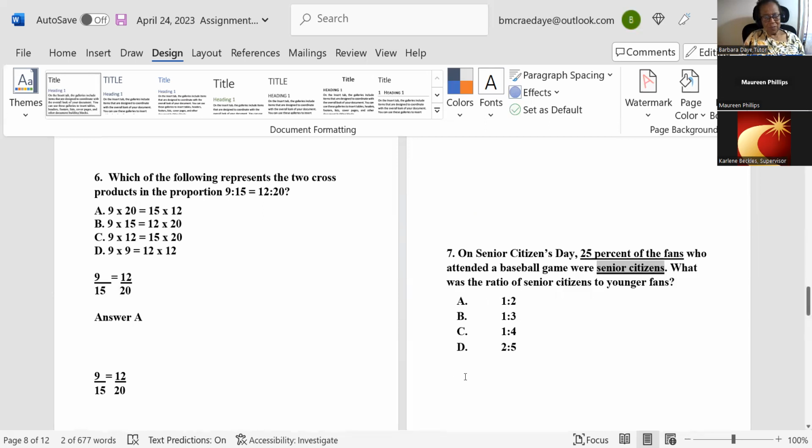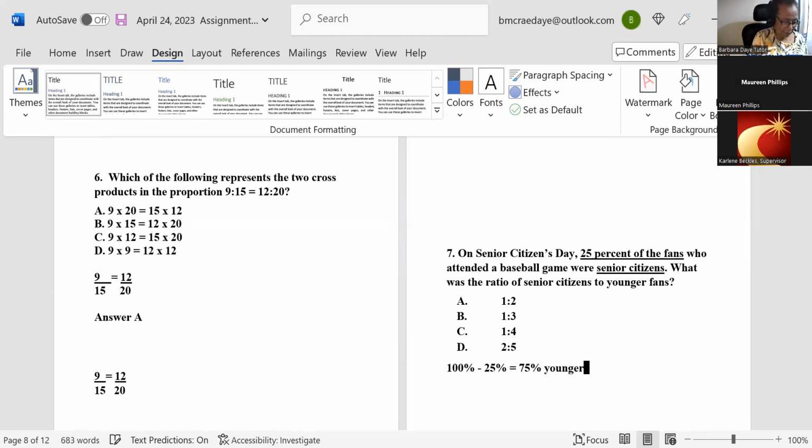The total is 100, and you said just subtract the 25%. That's correct. And that gives you what, Maureen? 75. That's it, 75%. And that's the younger fans.